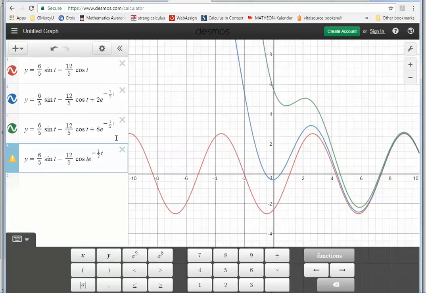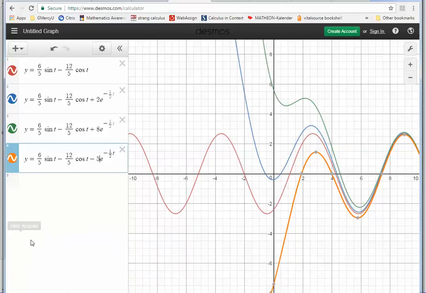I'll do a negative one, let's say negative 5. This one is going to be down here, an initial condition of negative 7.4. But over time, no matter where they start, here, here, here, or here, they all end up doing the same thing. And that's that steady state solution represented by the original red one.